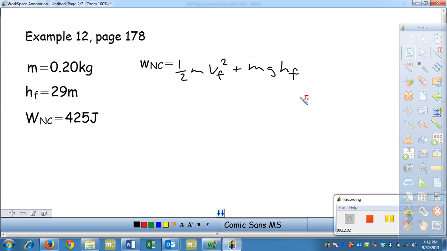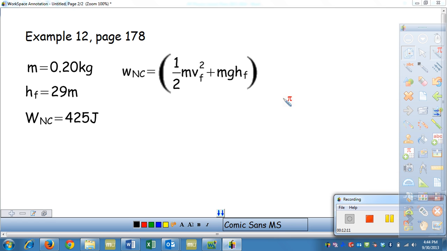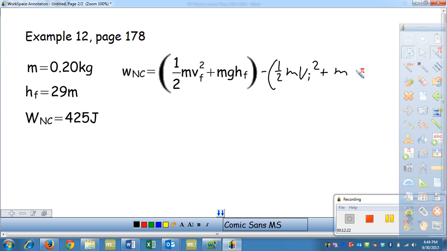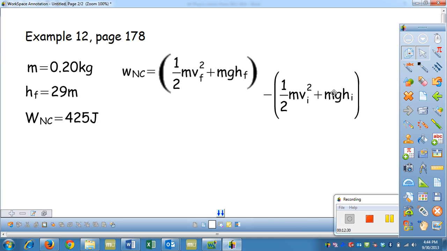I'm going to pause it and fix this. All right, that's the final. Now we do minus 1/2 mv initial squared plus mgh initial. Not too bad.